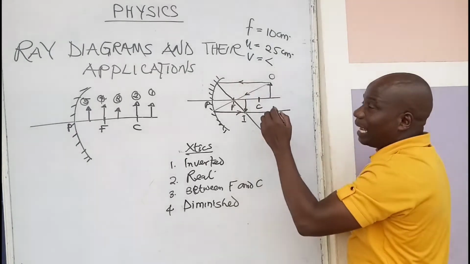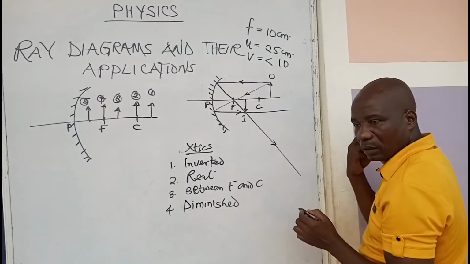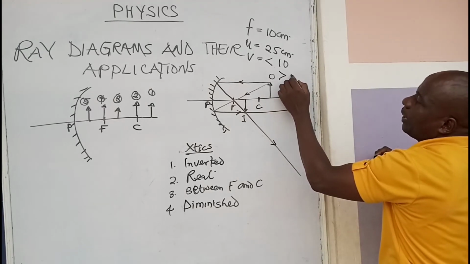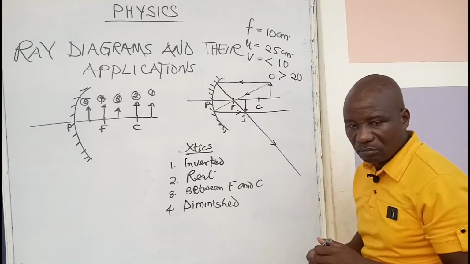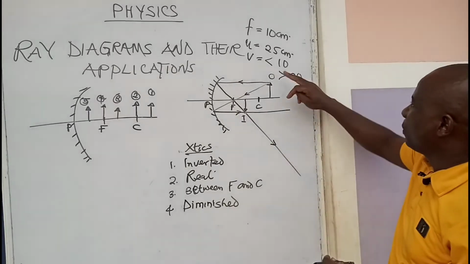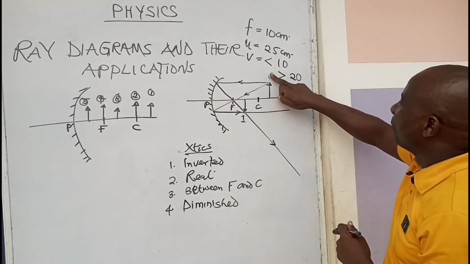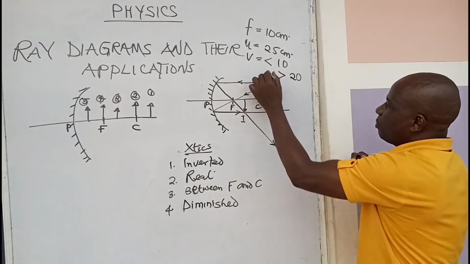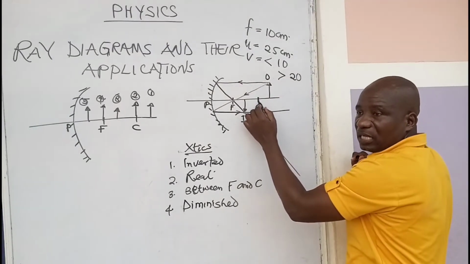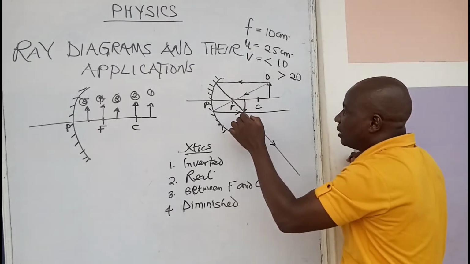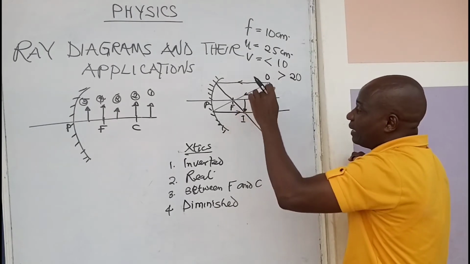It will be greater than 10 but less than 20. It is not up to 20. So it's going to be less than 20, but greater than 10.